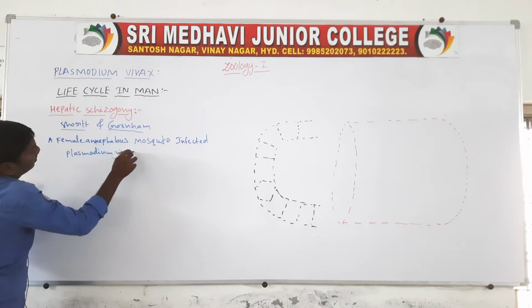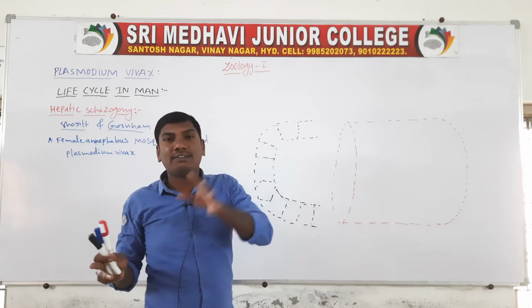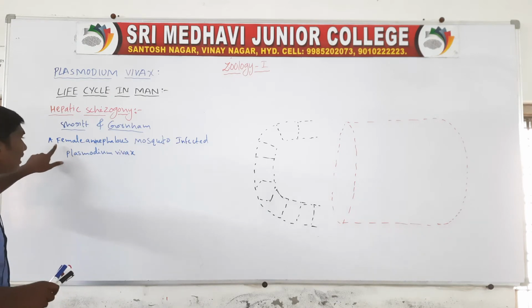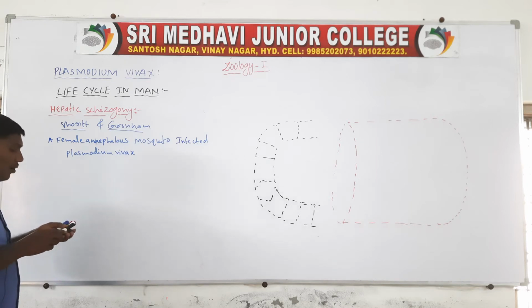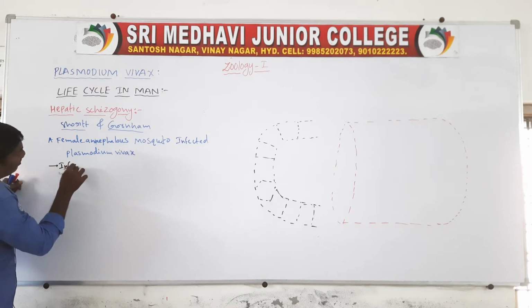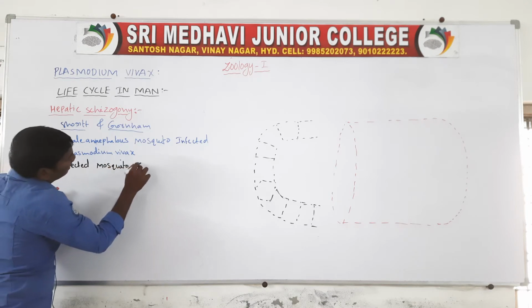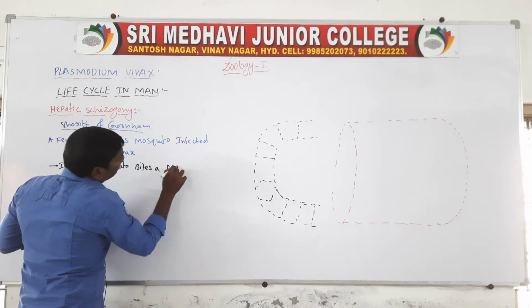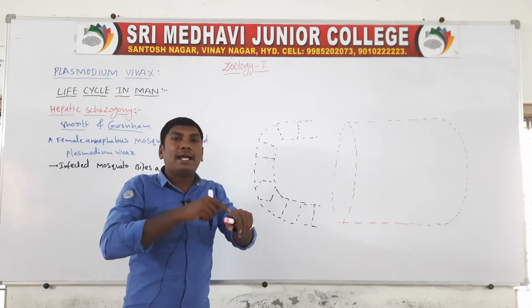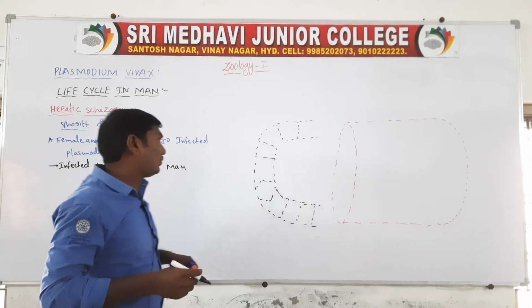This infected female Anopheles mosquito bites a man. The mosquito saliva contains sporozoites.